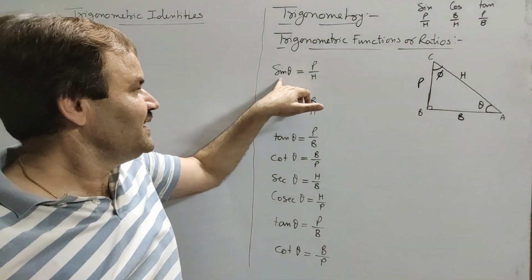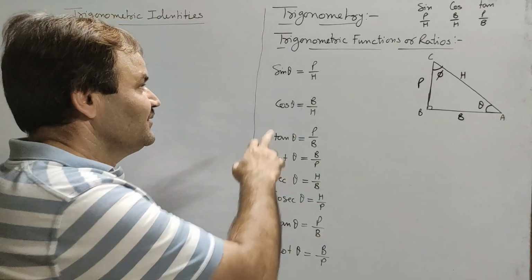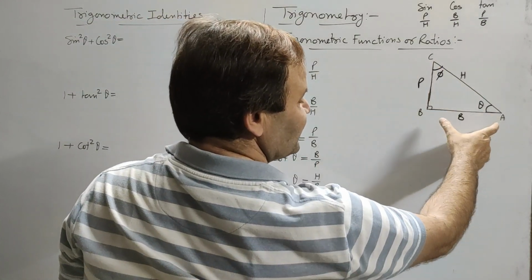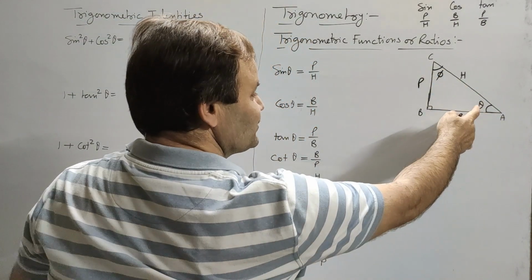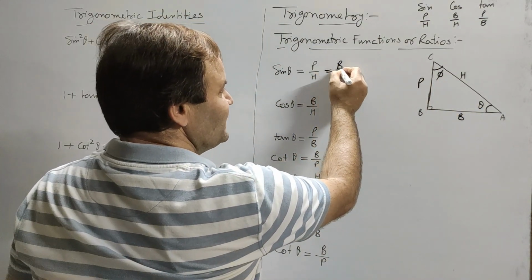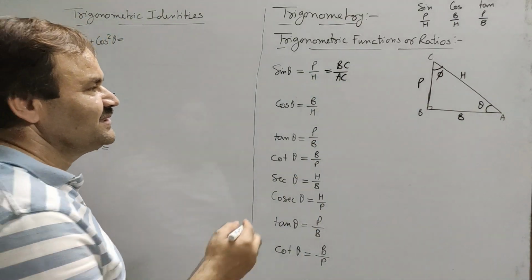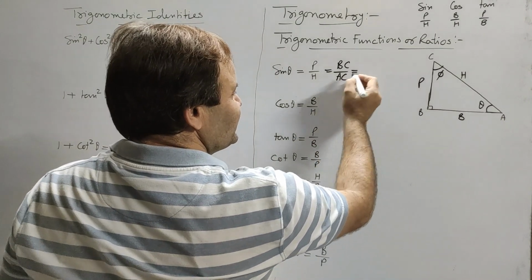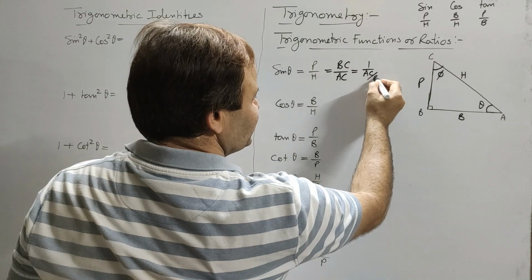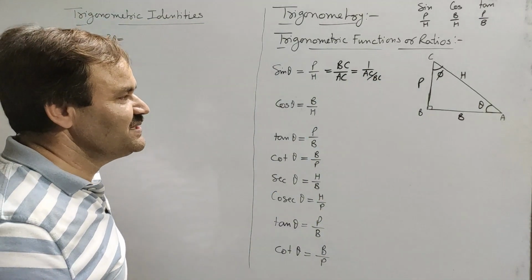Now sine being perpendicular upon hypotenuse, from this triangle for angle theta, sine theta will be BC upon AC, because for angle theta BC will be perpendicular. Now this can be written as 1 upon AC upon BC, dividing numerator and denominator both by BC.